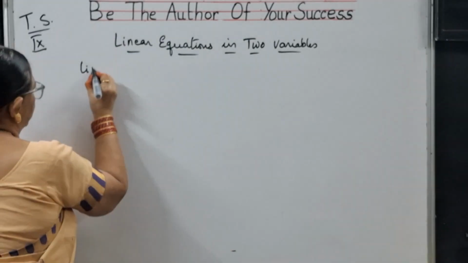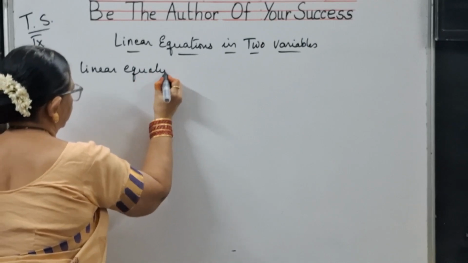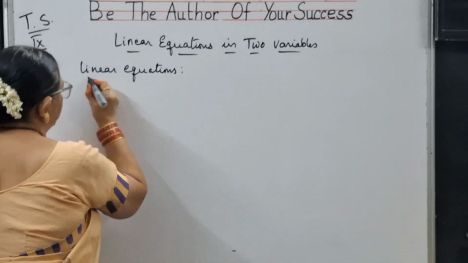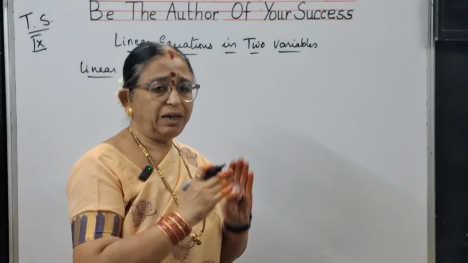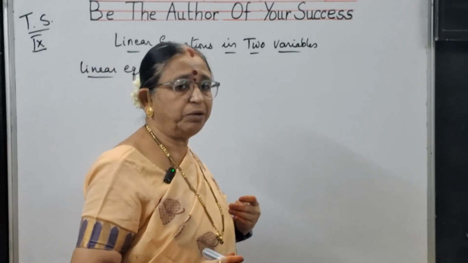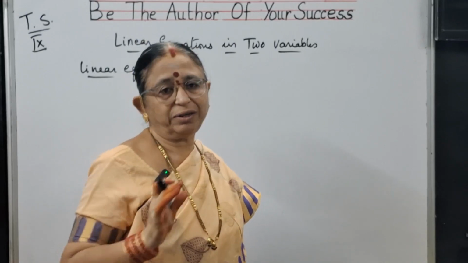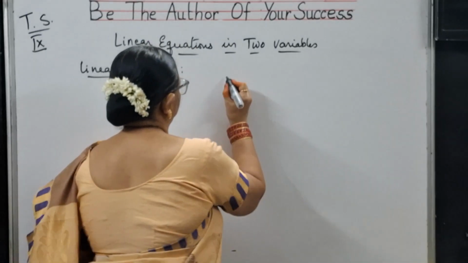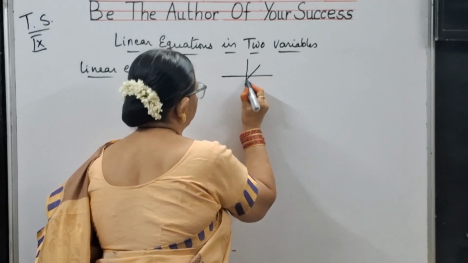So what are linear equations, children? Equation means you will be having LHS and RHS. One variable will be there. So with the help of the variable, you can get the ordered pairs. If you draw a graph for it, the graph will give a straight line.